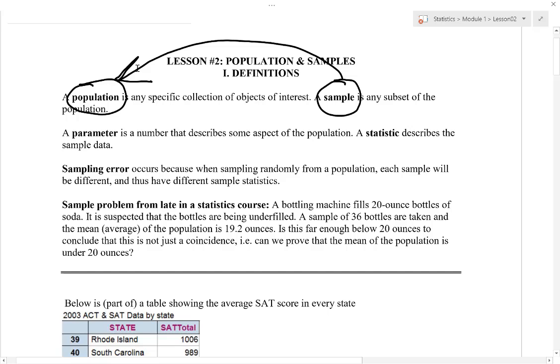And when I talked in the last lesson, in our intro, about descriptive versus inferential statistics, this is the process of making conclusions. We're going to talk in the next module about descriptive statistics, and we're generally going to assume that we're dealing with samples.